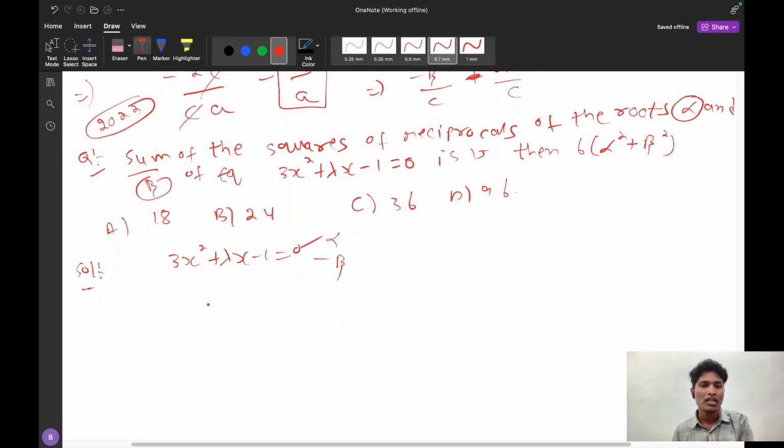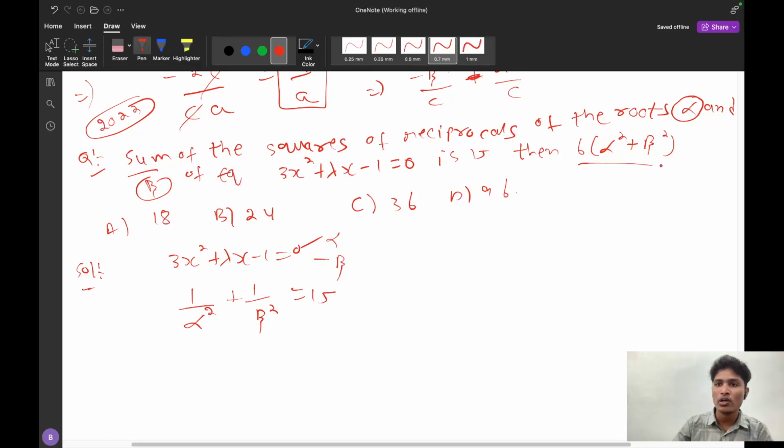So the reciprocal is 1 by alpha square plus 1 by beta square. This reciprocal sum is equal to 15, they are saying. And they require the answer for 6 into alpha square plus beta square. This thing you have to understand. What is the answer here?